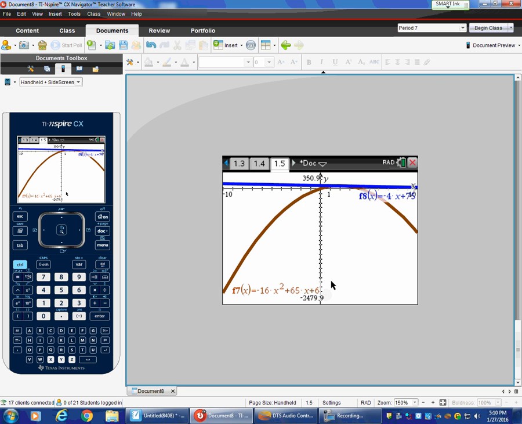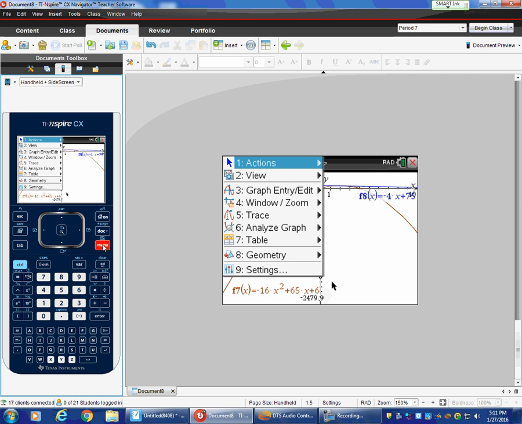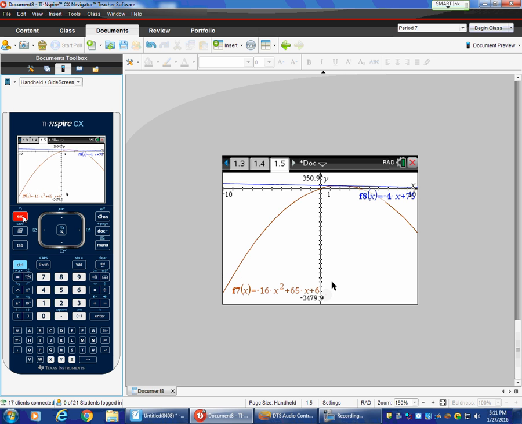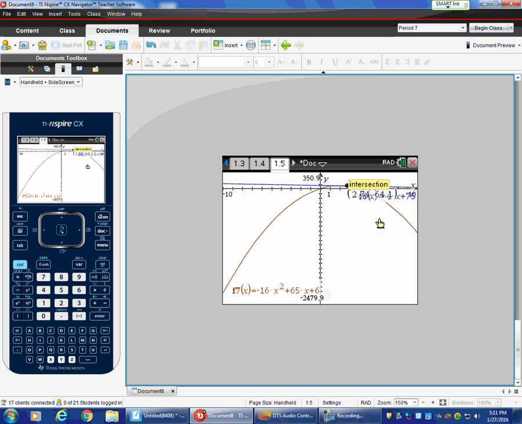Okay, so I can see what looks like maybe an intersection there. So I'm going to zoom in a little bit. And actually, better yet, maybe I don't have to. Let's try menu, 6, 4. Okay, so what we're seeing right now is that it looks like it did happen.